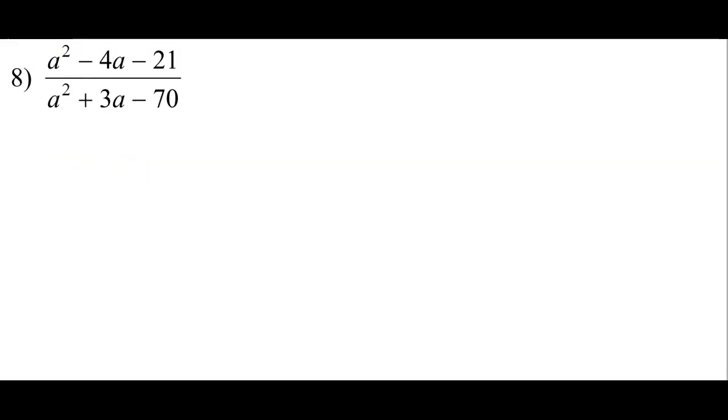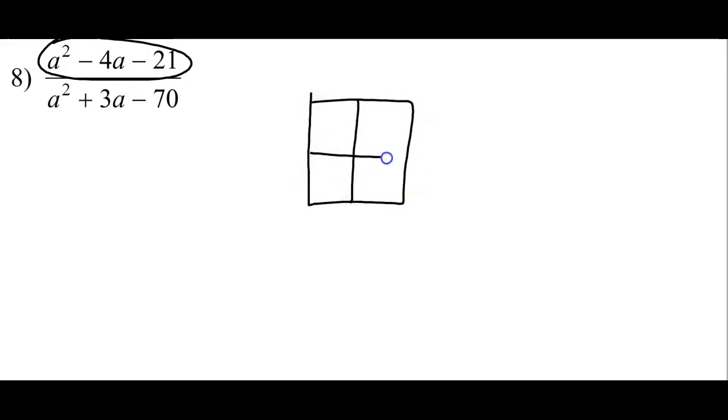Whenever you have a polynomial instead of just a monomial, we're going to start by factoring. So since these have 3 terms, what we would do first is we would use the box method. We're looking for 2 numbers that multiply together to make a squared. That would be a and a. And we're looking for 2 numbers that multiply together to make -21.